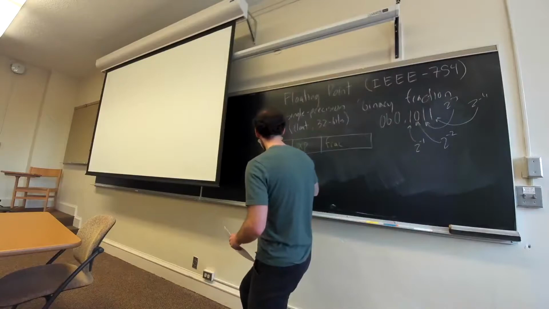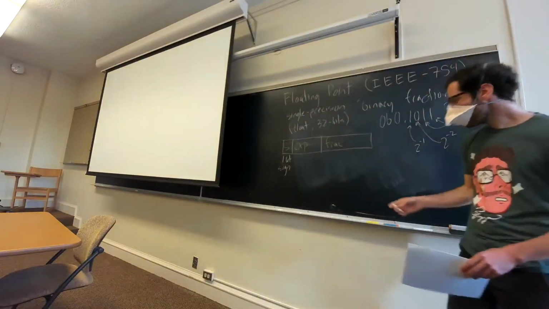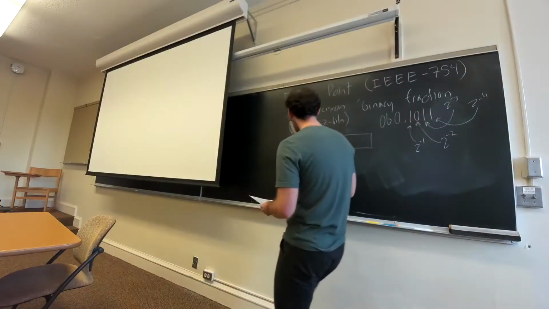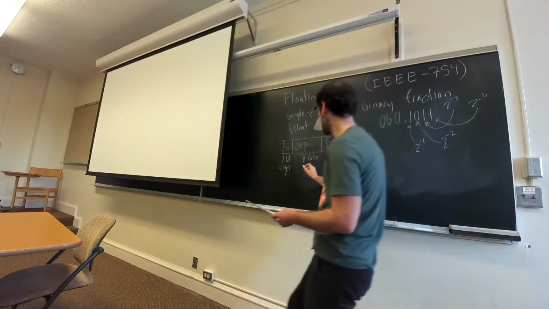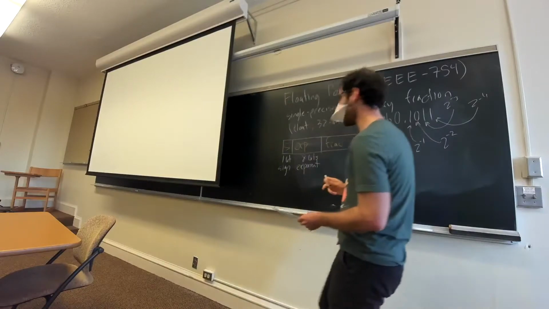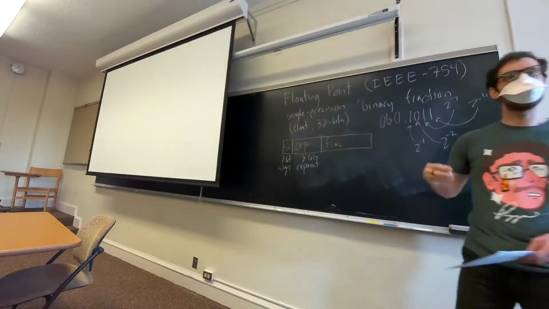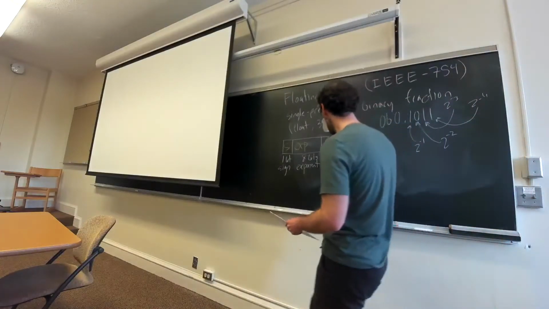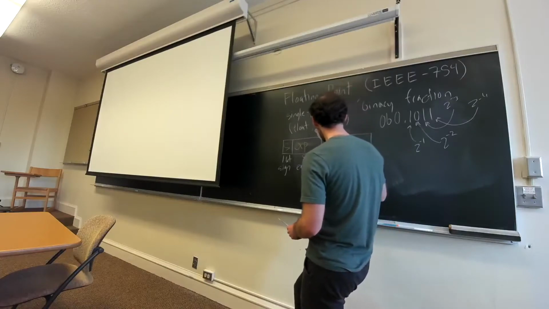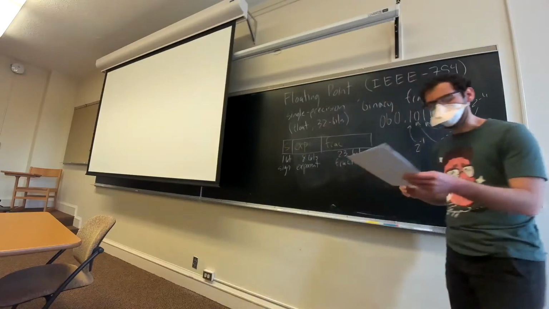So this is our sign bit. Our next 8 bits are the exponent. So this is where our scientific notation comes in. Our remaining 23 bits are the fraction.